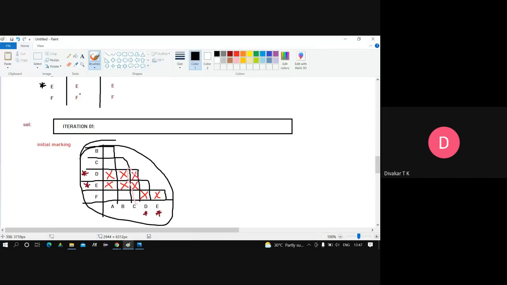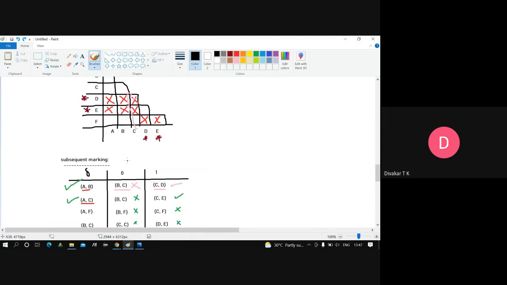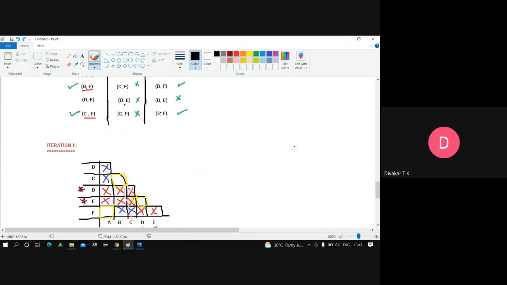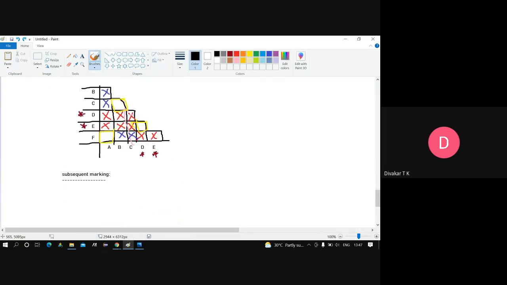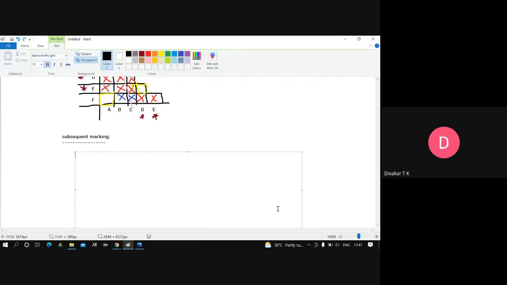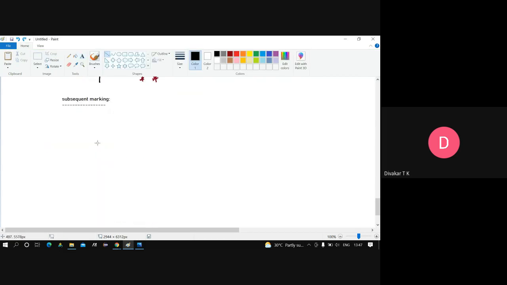Few people, what they are doing in the subsequent marking, you are writing from the first table. Forget that. In the second table, the empty cells, you have to write the empty cells from this table. So three empty cells are there, three empty things we have to take.